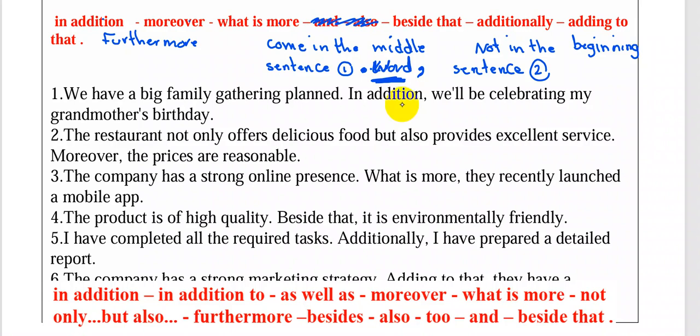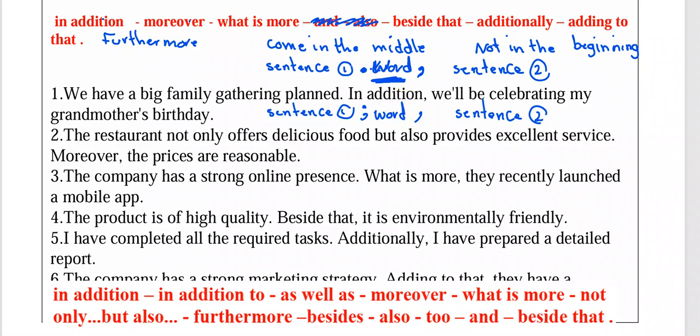Or the second rule is to write sentence 1, then a semicolon, then the conjunction followed by a comma, then sentence number 2. So you have two different ways to punctuate the sentences with those linkers: either end the first sentence with a full stop, then the linking word and a comma, or use a semicolon, then the word, then a comma.